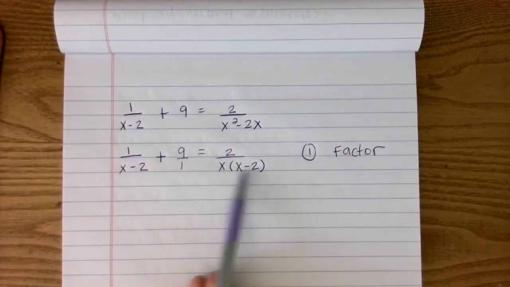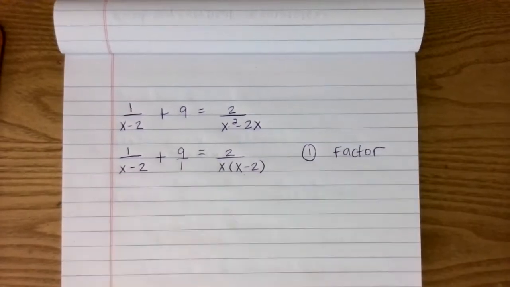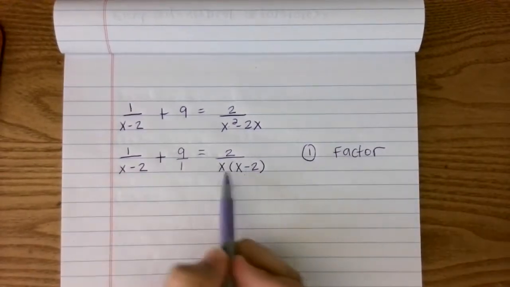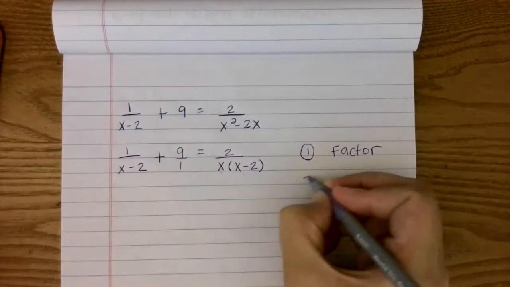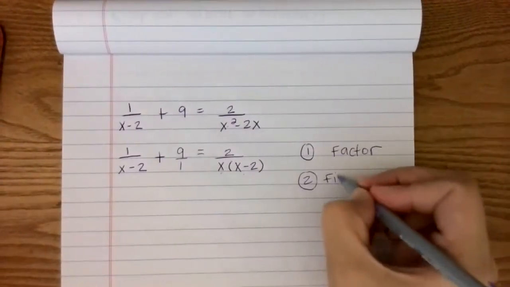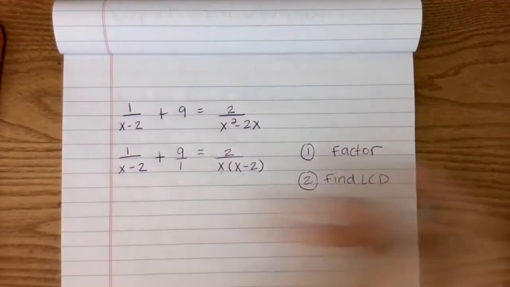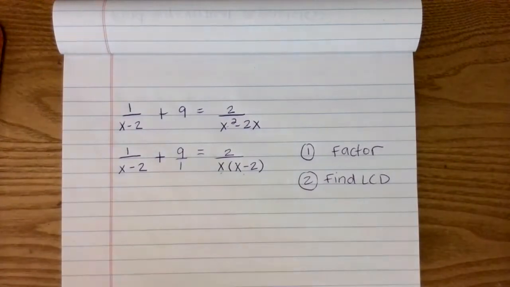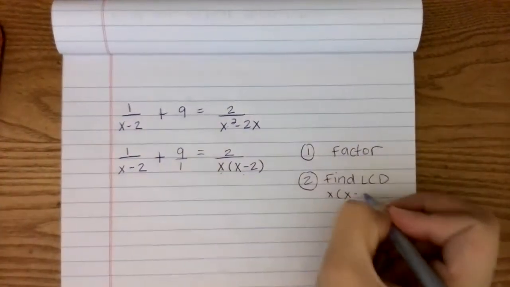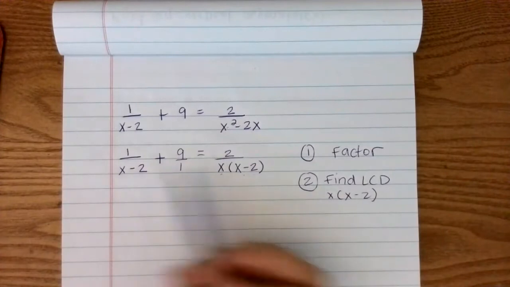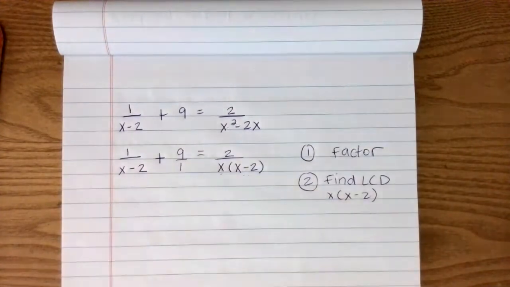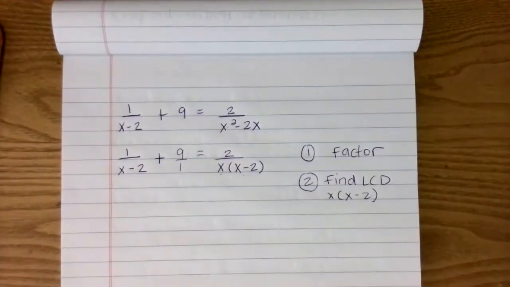Well, I would have to have an x minus 2 because I see that. I would also have to have an x. So you want to find your least common denominator. So in this case, I need an x and an x minus 2. Now I don't need two x minus 2s because that's just part of the denominator that I'm going to make.